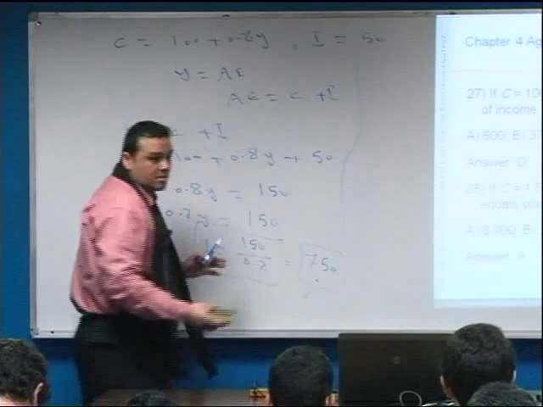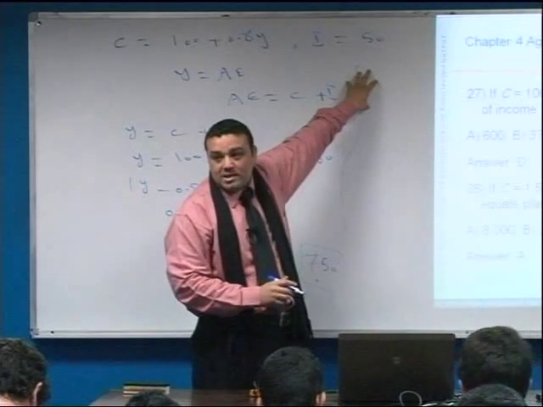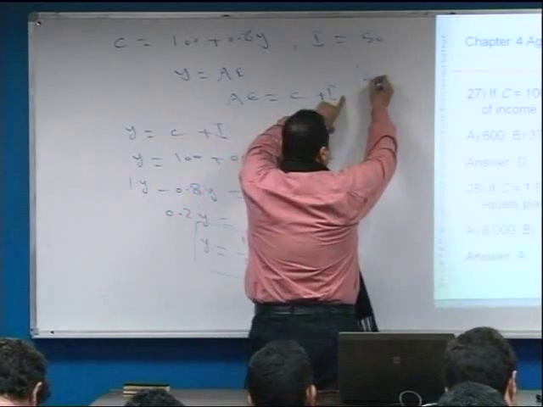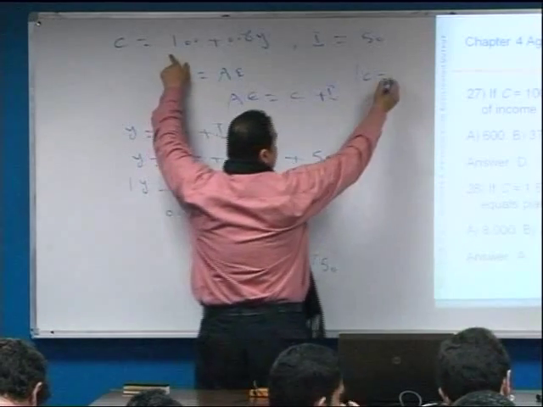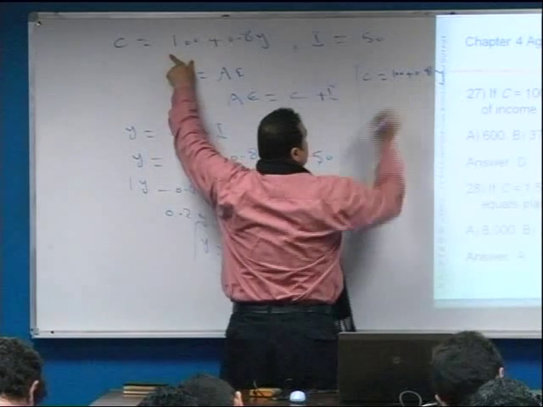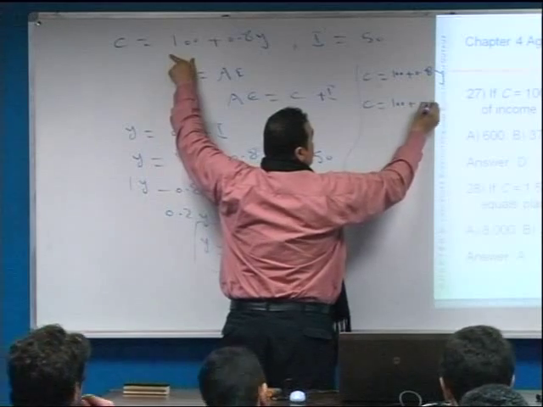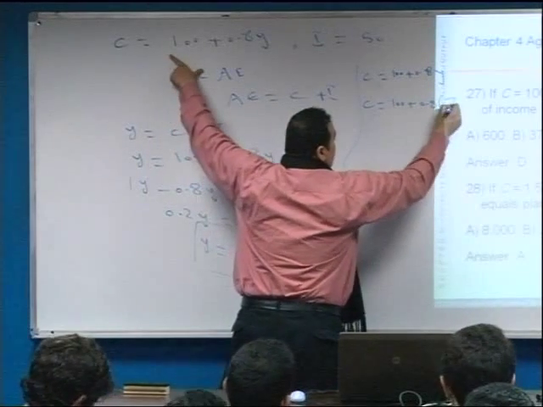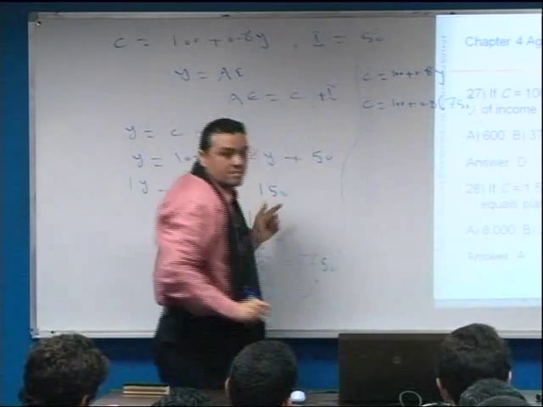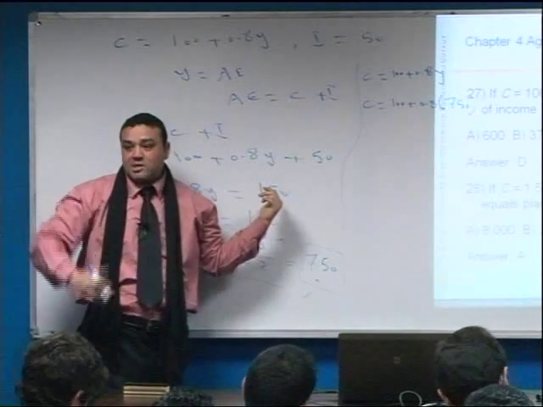Direct substitution. To calculate C, the consumption, C equals 100 plus 0.8y. So C equals 100 plus 0.8 times 750. This is the equilibrium consumption, the value of consumption at equilibrium.